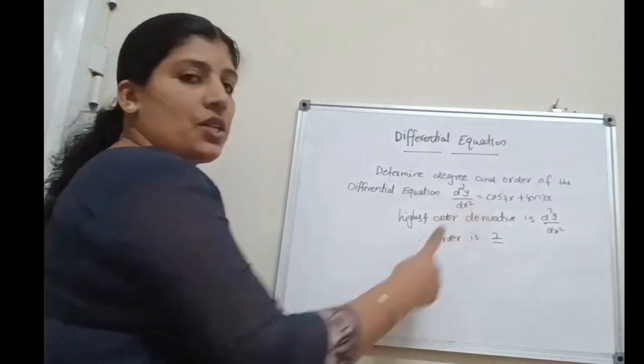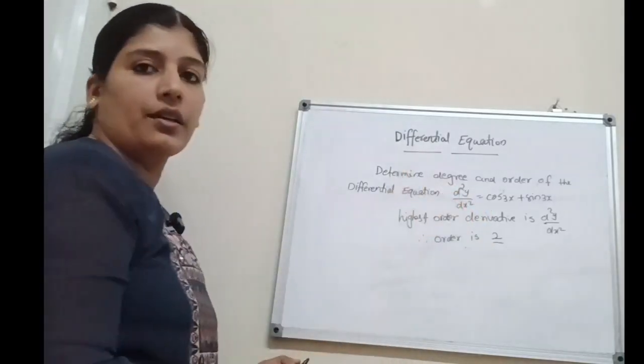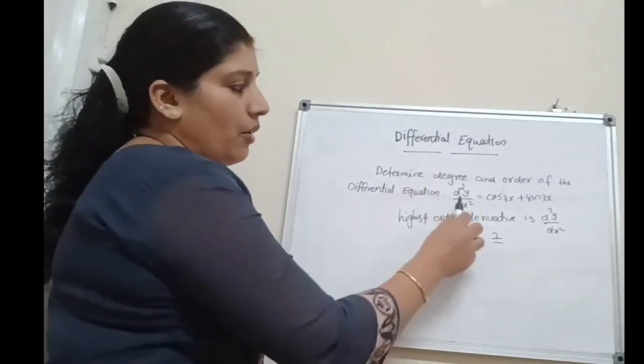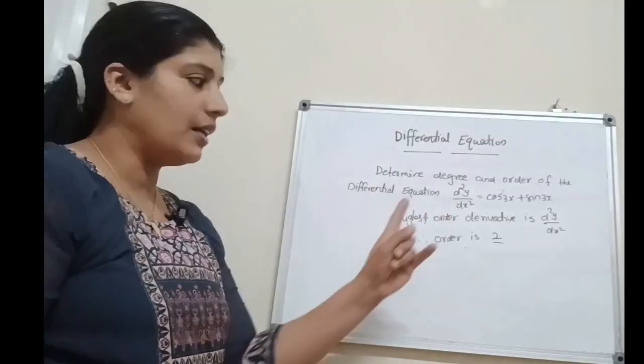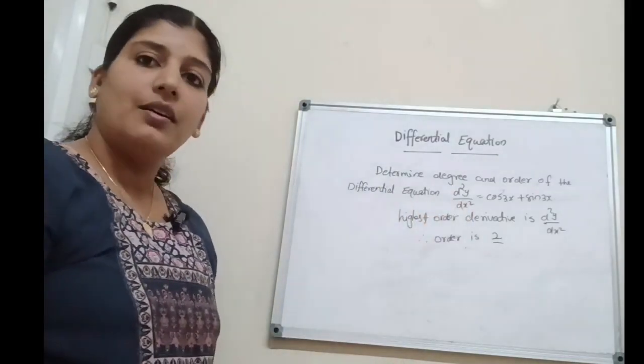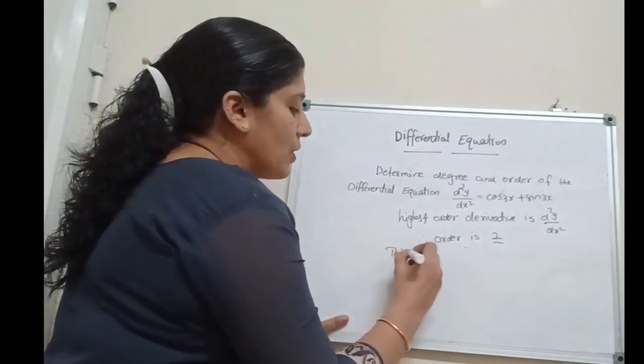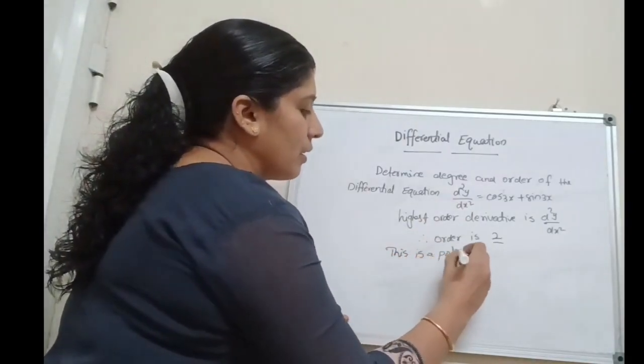This is a polynomial equation in d square y by dx square. Therefore, the power of d square y by dx square is the degree of this differential equation.